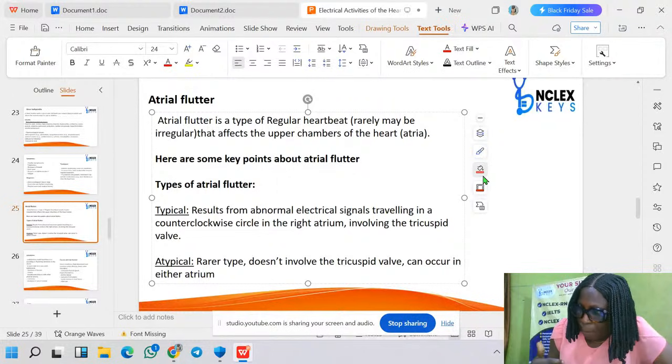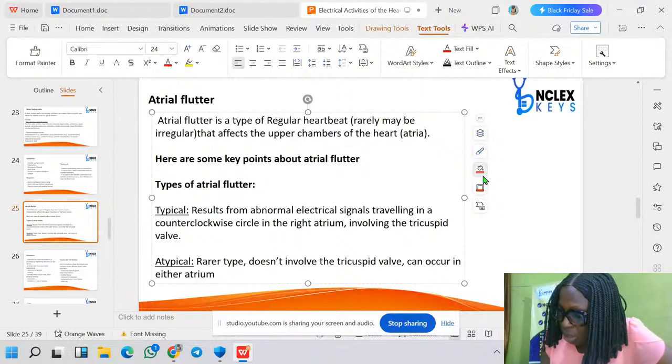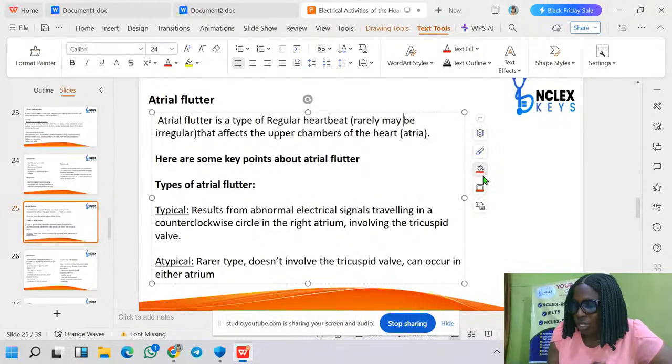Okay. So when you see continuous M, like continuous small letter M, in between the QRS, that is flutter. Nothing else looks like it. This is the best way to recognize it. And I'll give us that sheet, points for each of them.